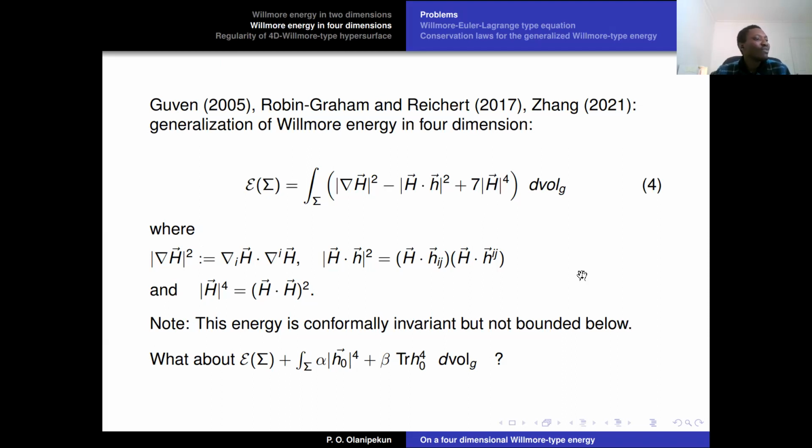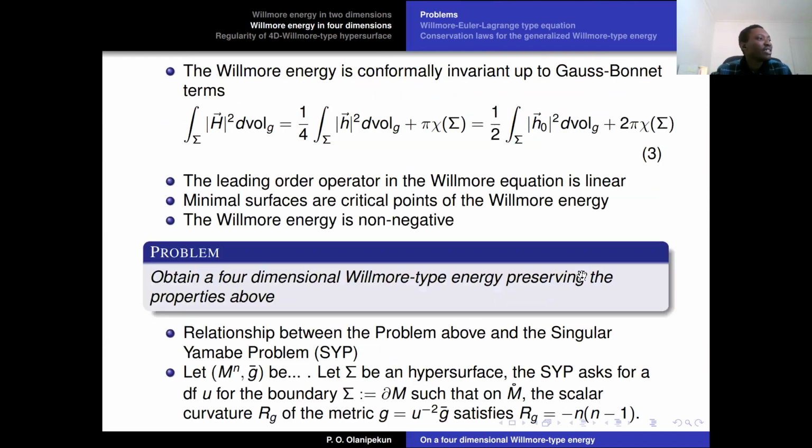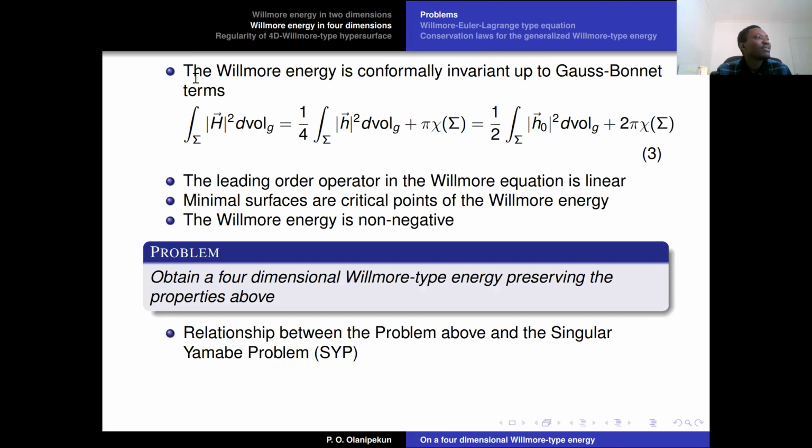This energy is conformally invariant, but it's not bounded below. So it satisfies conditions 1, 2, 3 that we stated earlier. It satisfies this condition, it is conformally invariant, it satisfies this, but it's not bounded below.